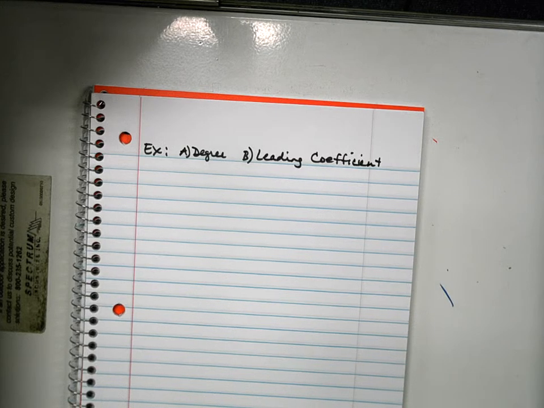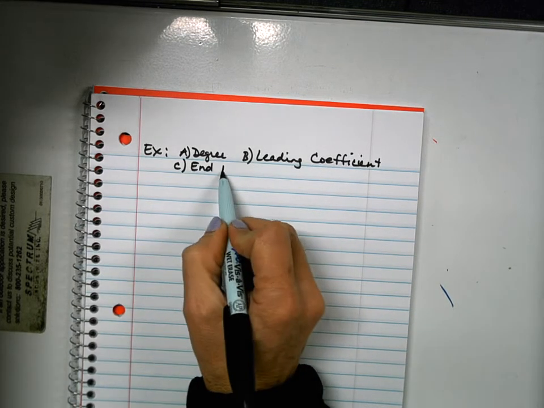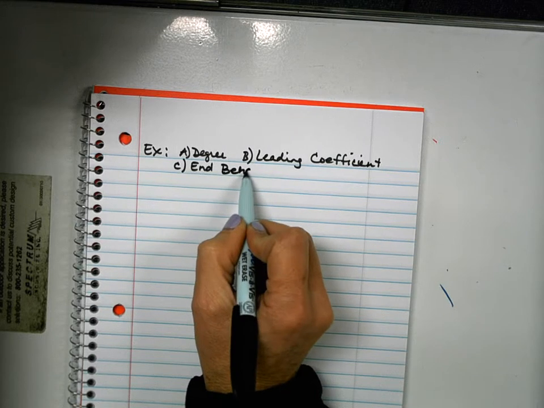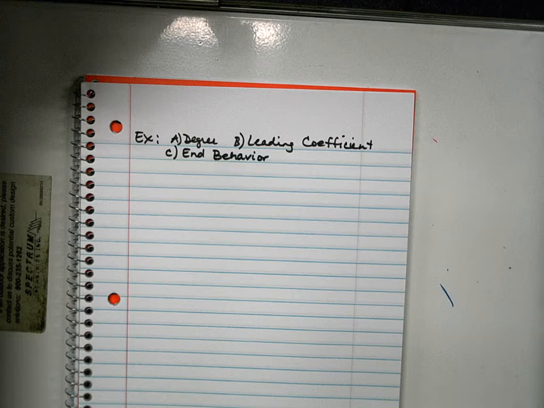And then C, we're going to indicate the end behavior from that information. If you get this memorized and learn this pretty quickly, it'll make this unit so much easier.